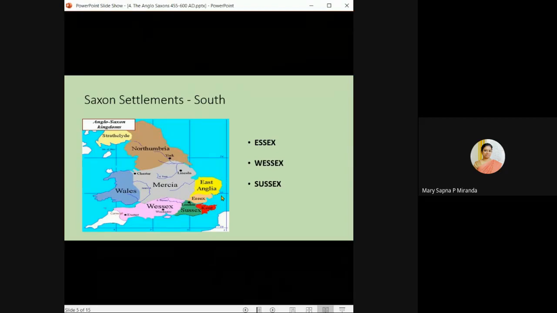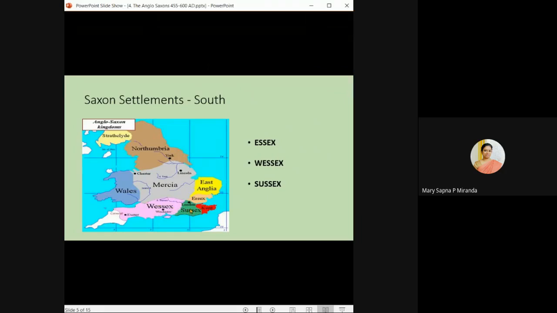So here we need to remember about the Saxon settlement. We have already seen Saxons had settled towards the southern region of Britain. So which were the main kingdoms of the Saxons? Essex, have a look here. Essex as in East Saxons. It's towards the east. Sussex is proper south. And towards the western region, the West Saxons, we call them Wessex.